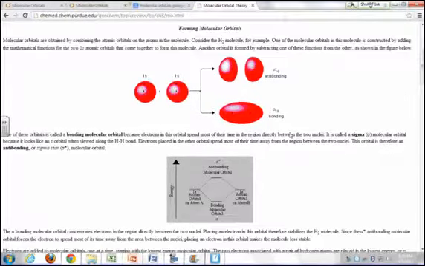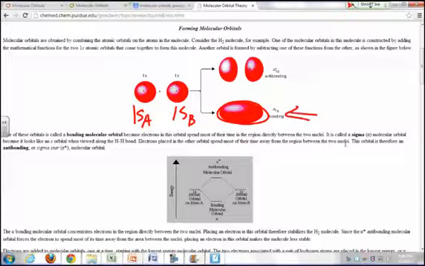Here it shows you how you can construct a bonding orbital from two 1s orbitals. If you have a 1s on one atom and a 1s orbital from the other atom, let's call those atoms A and B, you get a sigma bonding orbital right here, sigma 1s. And if you do 1s from atom A minus 1s from atom B, then right here in between the nuclei you'll see destructive interference, so you get a node between them.